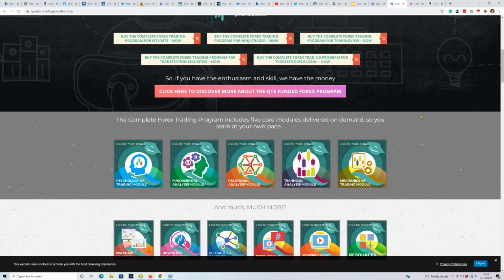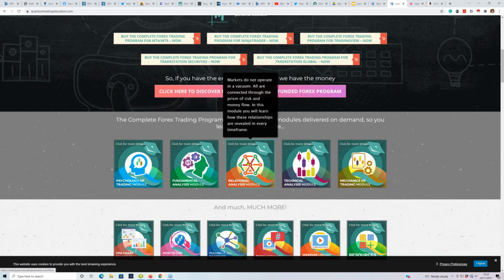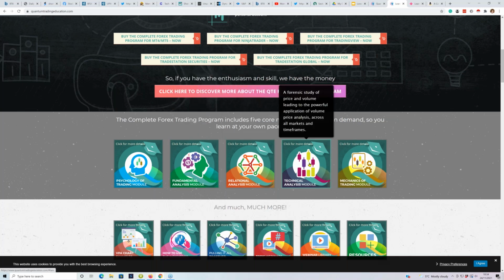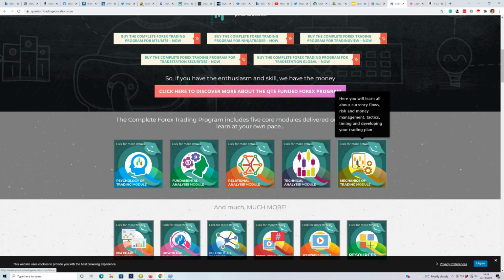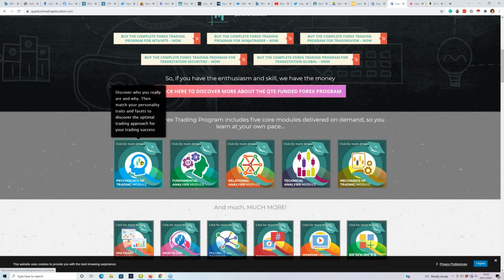The program also does a deep dive into fundamental, the related markets. This is for sentiment. Then we've got technical, and then we've got the mechanics of trading, which is basically everything you need to actually trade, and most important of all, the psychology of trading. And I really do think, don't come to psychology of trading when you have suffered a loss.